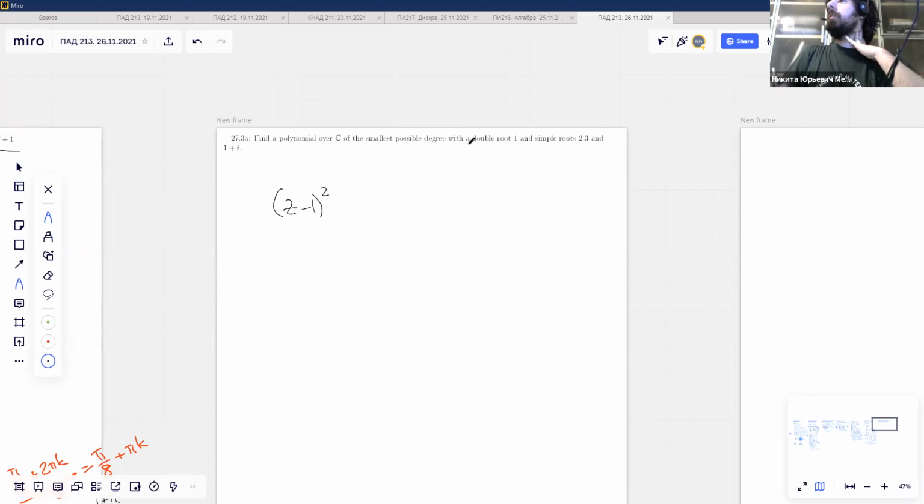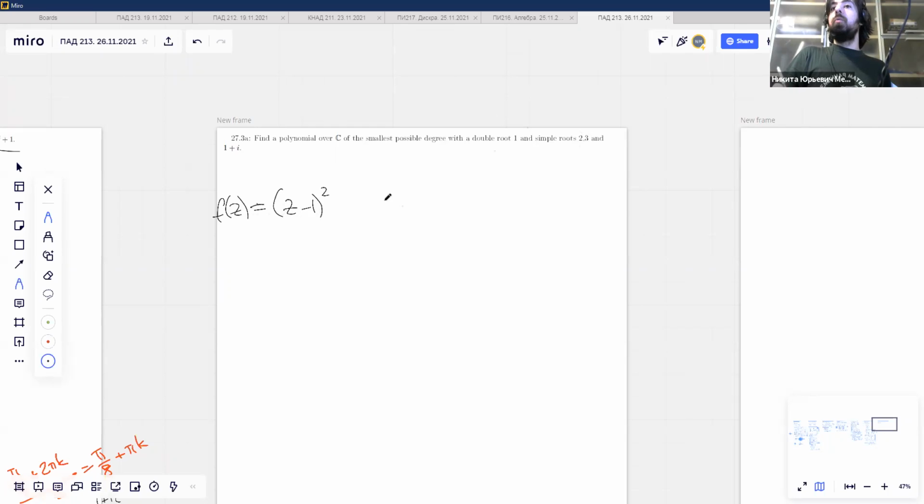That's the definition of a double root. There is a joke that a double root is when you substitute it once and you get 0, and you substitute it a second time and you get 0 again. Obviously, that's a joke. No matter how many times you substitute some value into the polynomial, you get the same. But a double root is when there is a bracket like (z minus 1) squared in our polynomial.